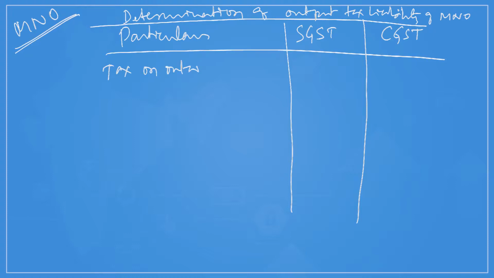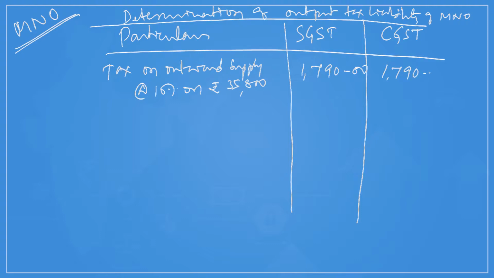Tax on outward supplies at the rate of 10% on rupees 35,800. That is 3,580 will be the tax on outward supply. So for SGST it comes to rupees 1,790. For CGST also it comes to rupees 1,790.